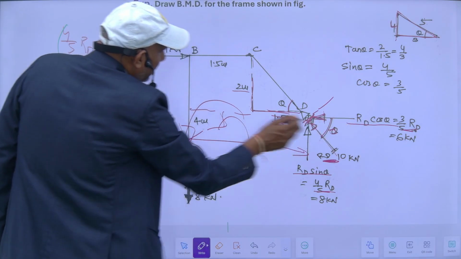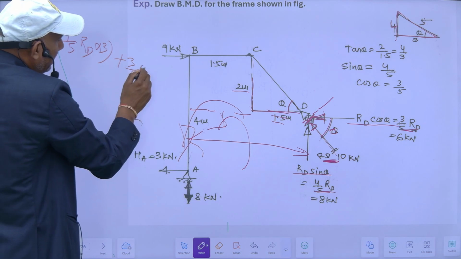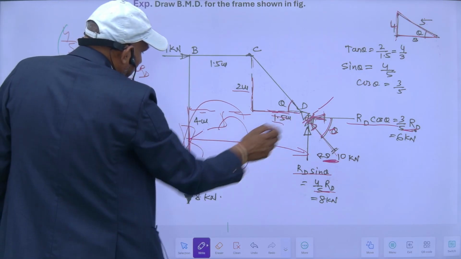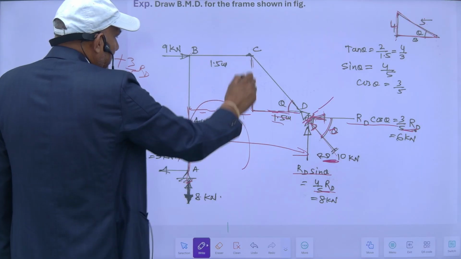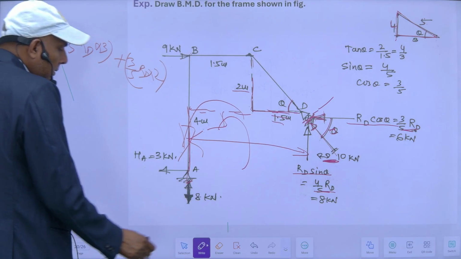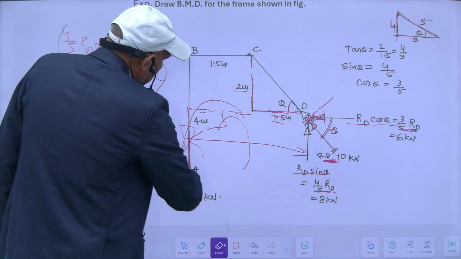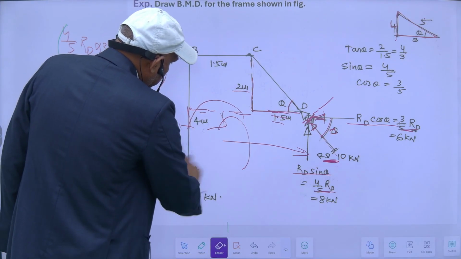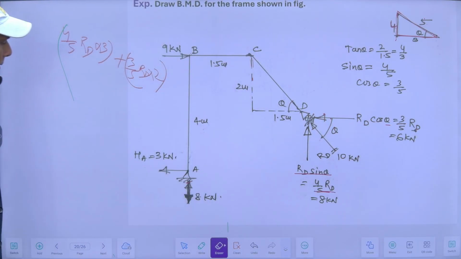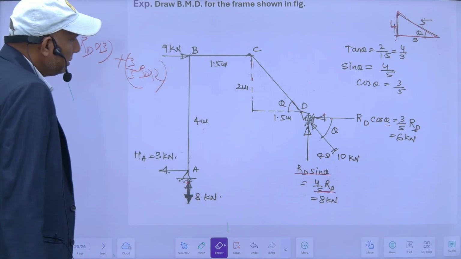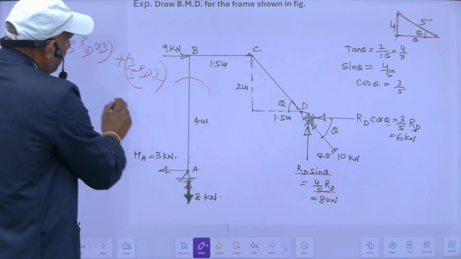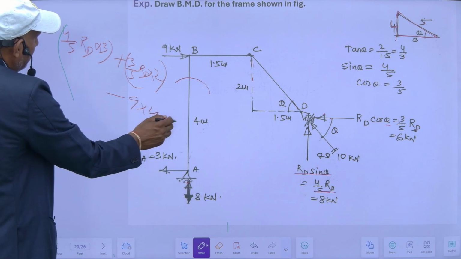So this will be 3 by 5 Rd into its distance. Here this will be the perpendicular distance for this force, and this will be 4 minus 2, so this will be 2. And this will be opposite, 9 into 4. So this will be minus 9 into 4 is equal to 0.